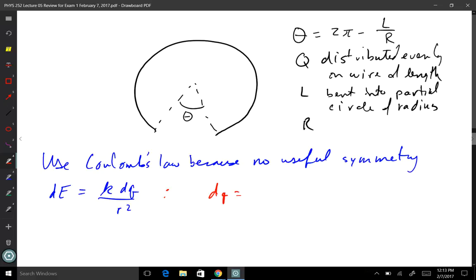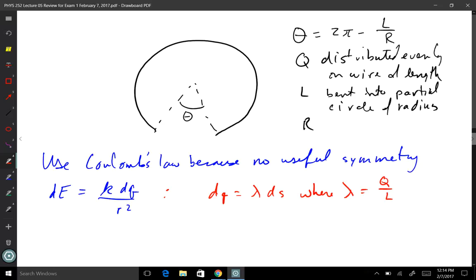Lambda ds, where lambda is equal to Q over L. How did you get that? Because it's a wire, it's a linear distribution of charge. For a linear distribution, you use lambda ds, where lambda is defined as the charge per length. I gave you Q distributed over length L, so charge per length, Q over L.